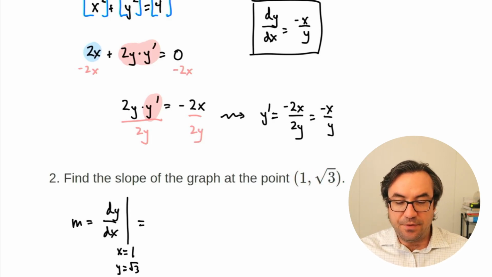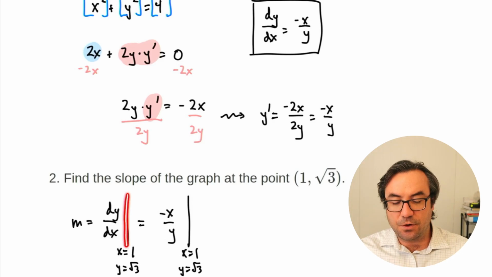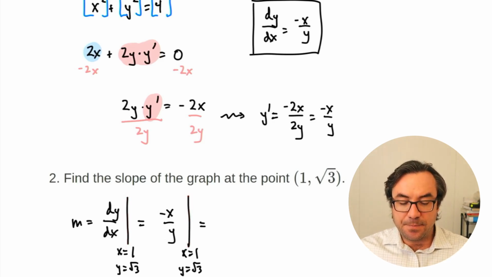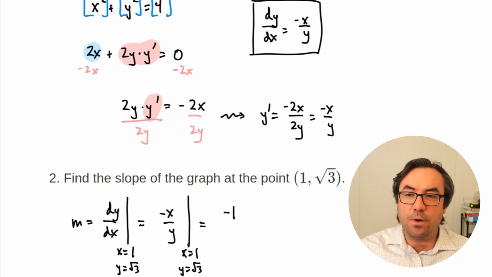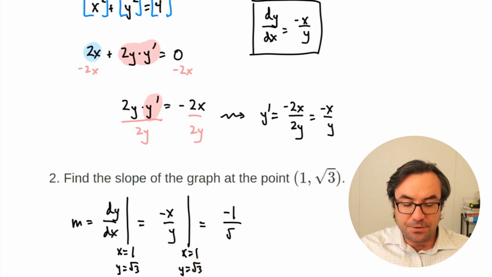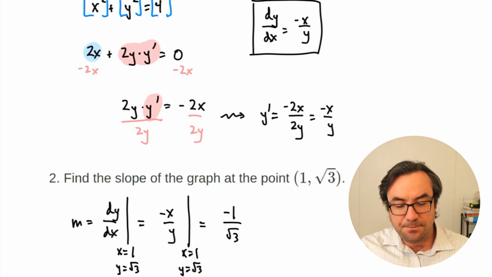We're going to evaluate this formula, negative x over y, when x is equal to 1 and y is equal to square root 3. And again, this vertical line just means evaluate. So plugging 1 in for x, we get negative 1. And then y is square root 3, so we end up with square root 3. And there we go, we got our slope.